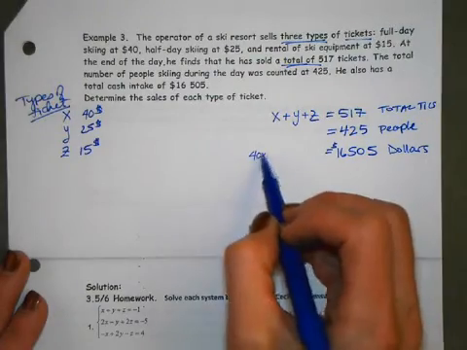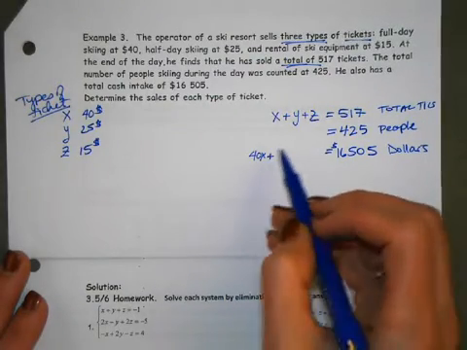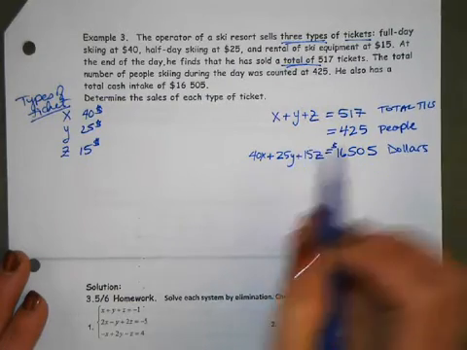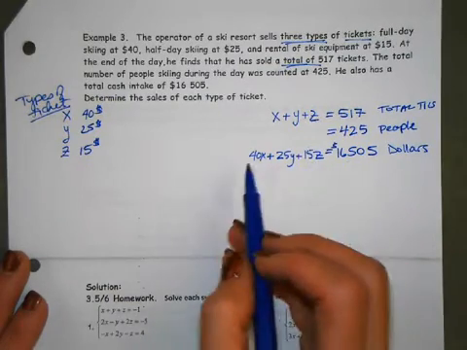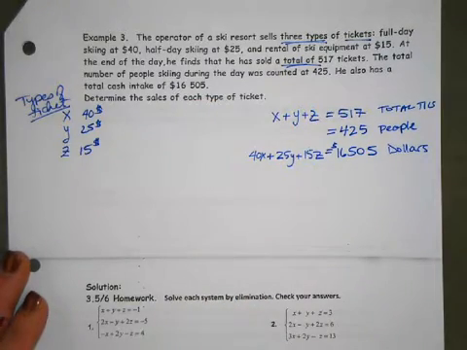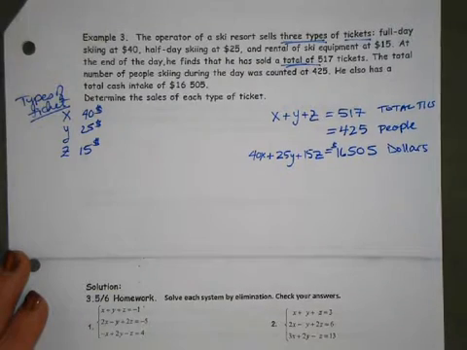So I could do 40X, yep, plus 25Y, plus 15Z. So each ticket that I have, they're worth a certain value, and all those values together equal what you made that day. So it's basically all your ticket sales multiplied by how much they're worth. Okay, so that's the second equation.